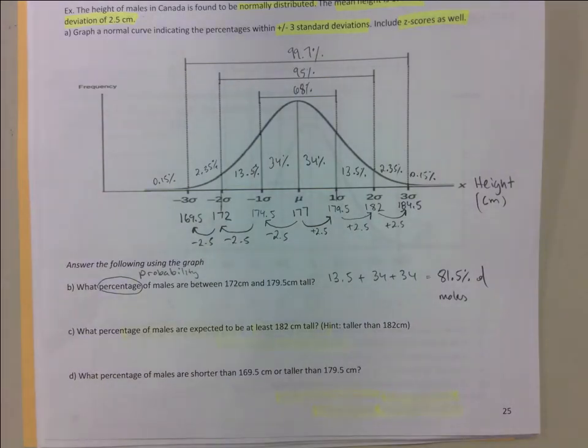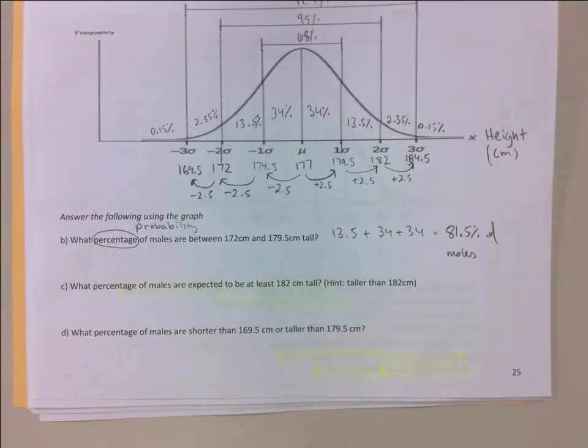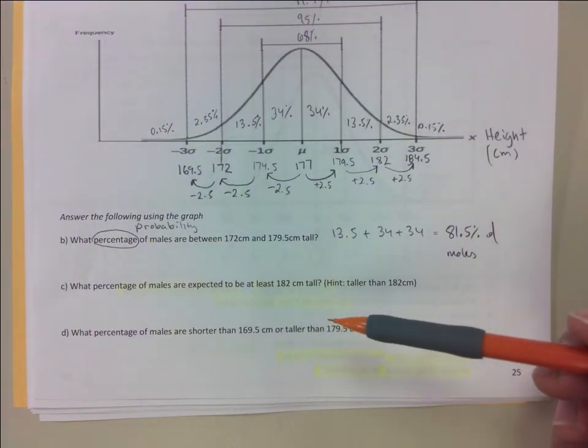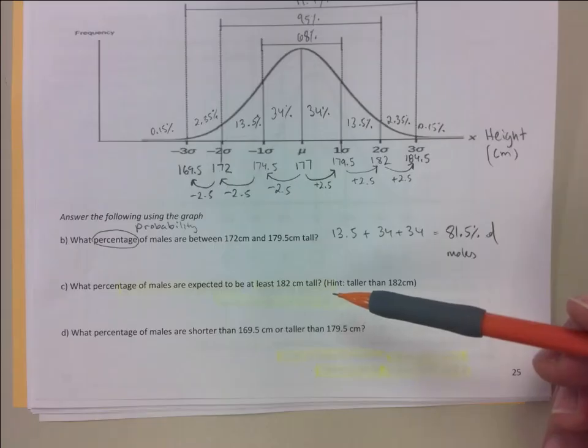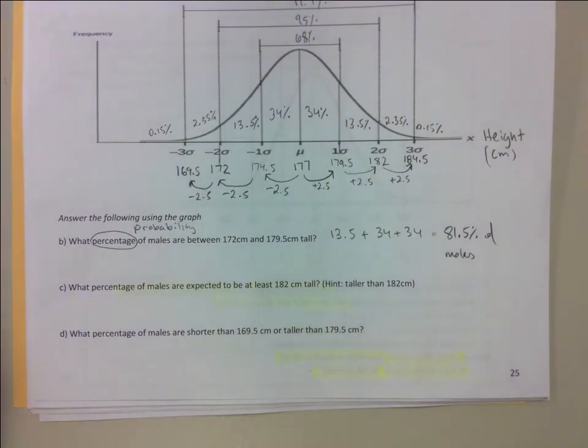Later on, I'm going to show you how to do this with a calculator without even graphing. The calculator can find out exactly what the values are. The wording is a little weird, I'm not going to lie. For now, we're going to go C, D, E, you try that.